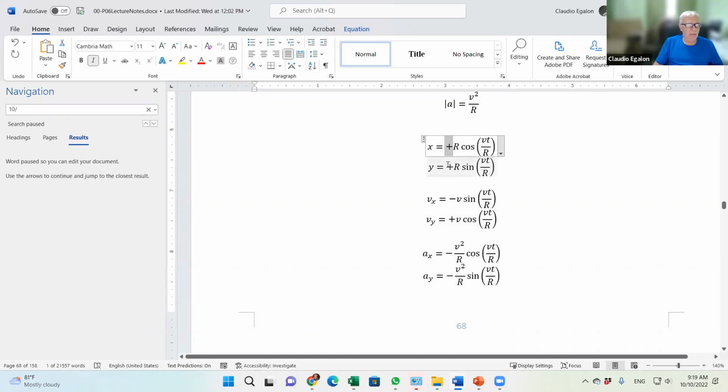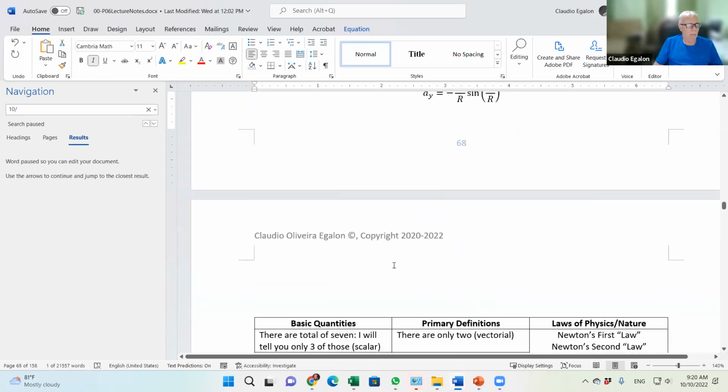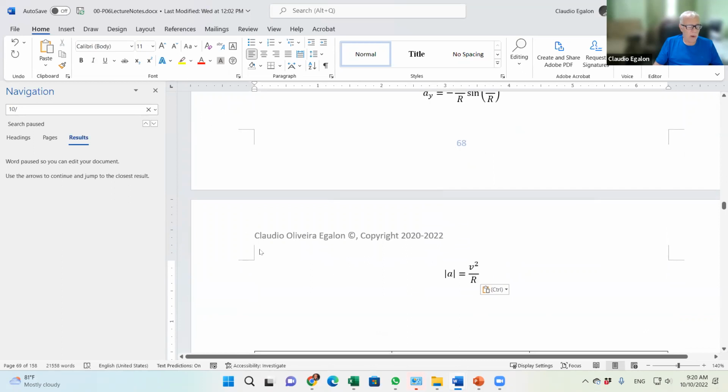What was positive initially becomes negative here. And what else changed? What else changed is the multiplicative factor, v squared over r. This term, v squared over r, is given a name.